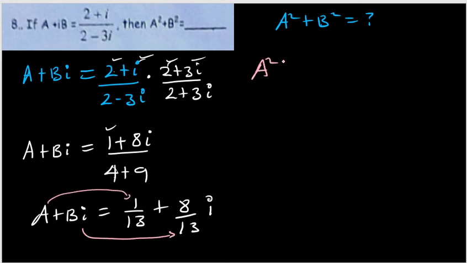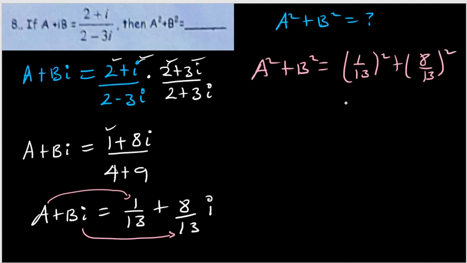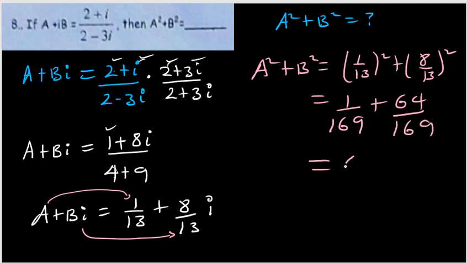but we need to find a square plus b square. So I'm going to square each. So (1 over 13) square plus (8 over 13) square. When I square each, 1 over 169 plus 64 over 169. Since the denominator is the same, I can add the upper part, which will be 65 over 169.